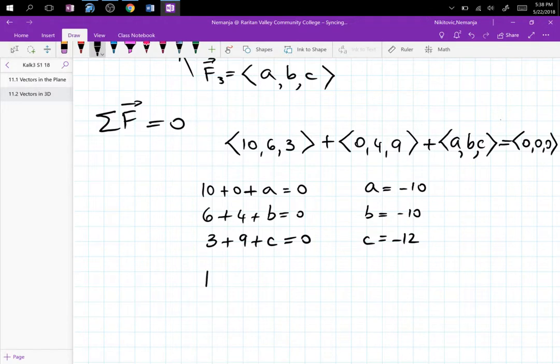So your force 3 that we need to counter all the other forces is -10, -10, -12. They did not give us units, so I will put newtons. And let's leave it at that.